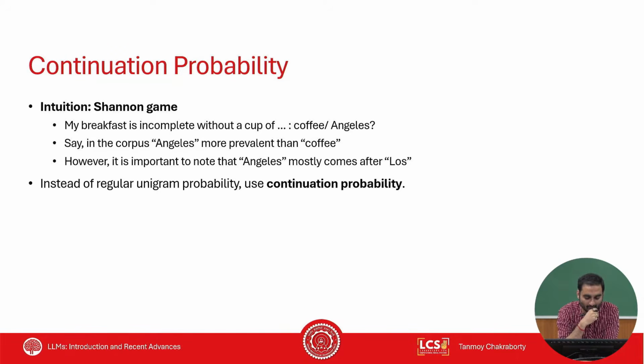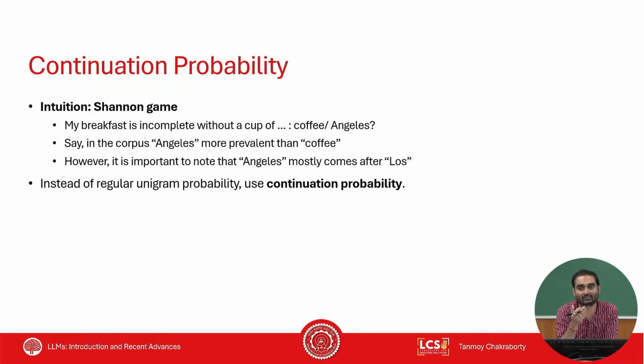But in the continuation probability, what we measure is the number of unique bigrams. Please listen to this very carefully: the number of unique bigrams that the given unigram under consideration completes.